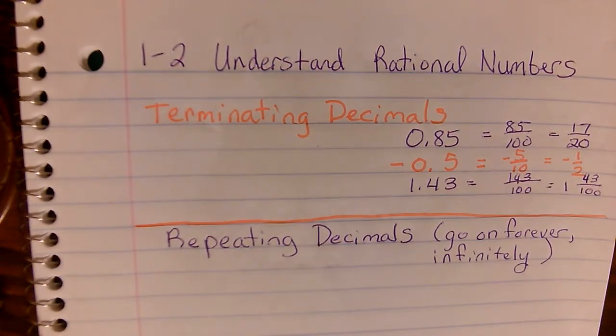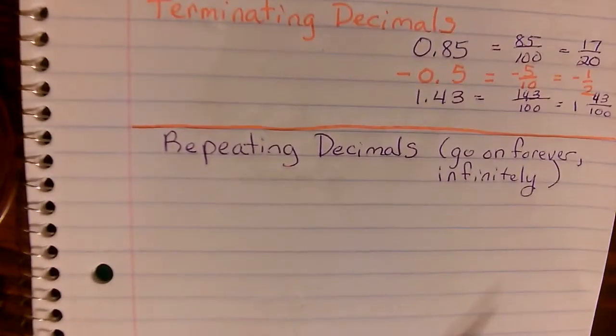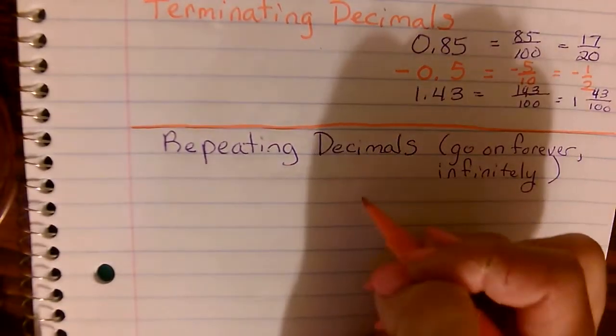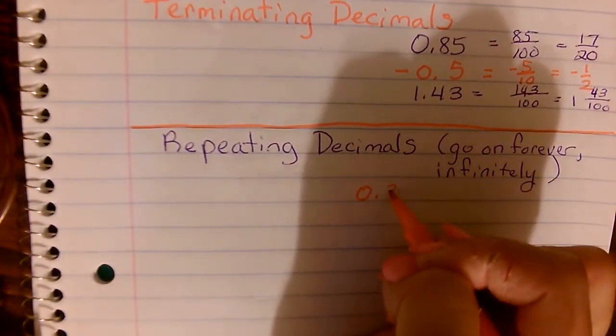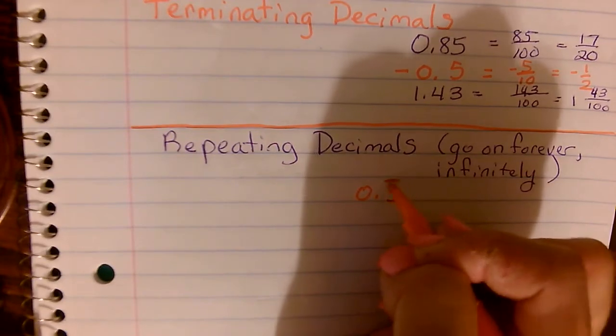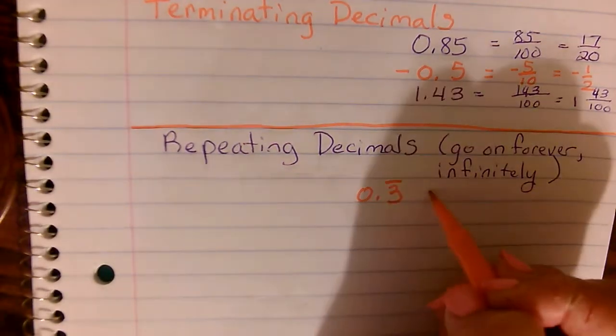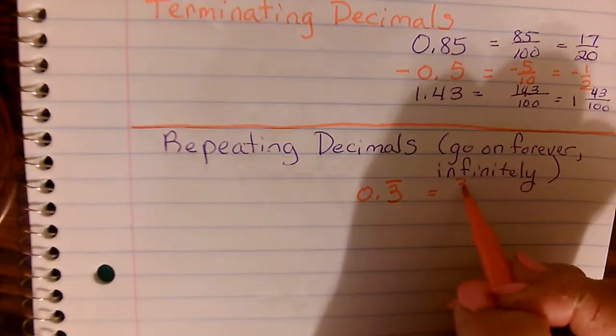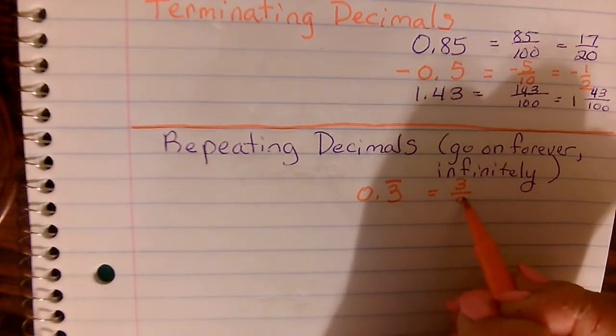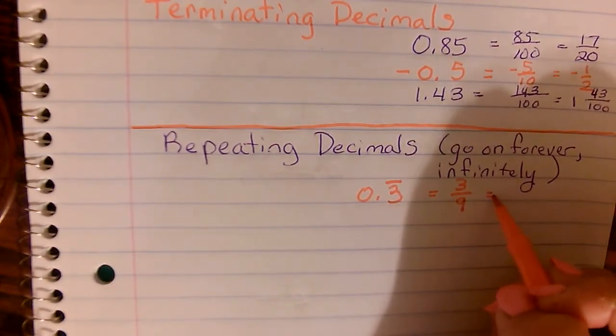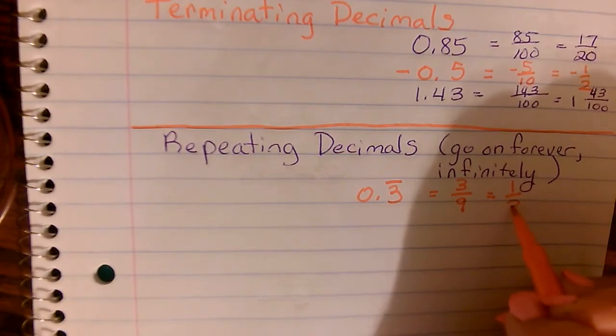Here's one example. I'm going to slide this up. 0.3 with a bar over it, which signifies it repeats the 3-digit forever. This can be written as 3 over 9, and that simplifies to 1/3.